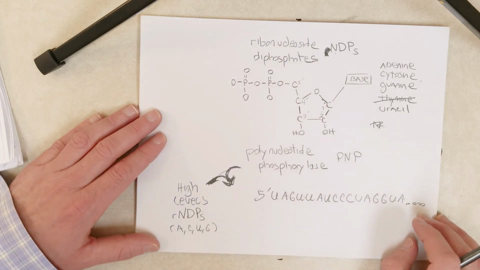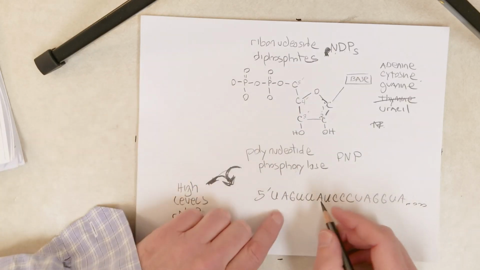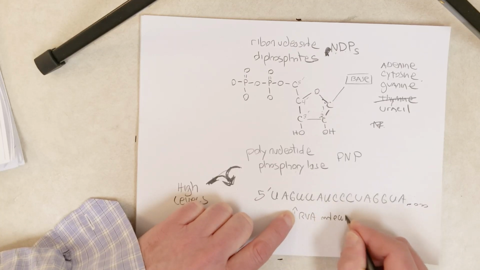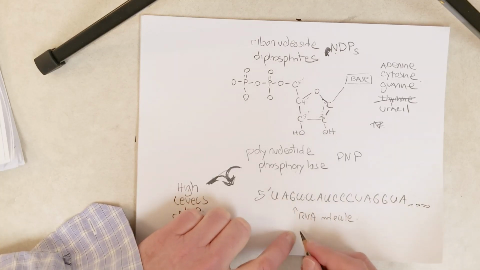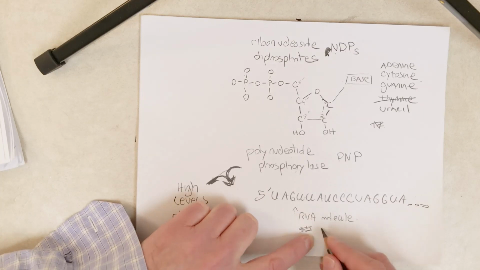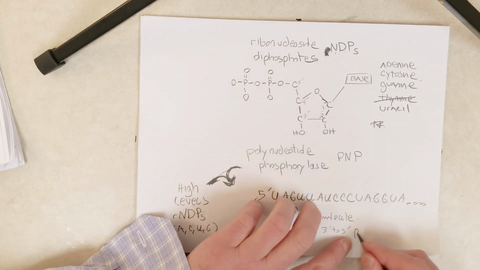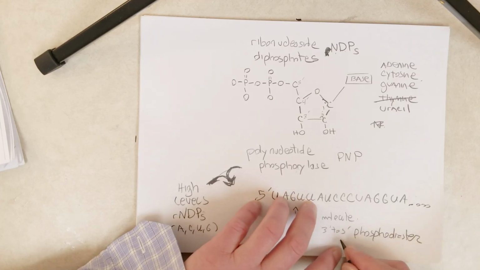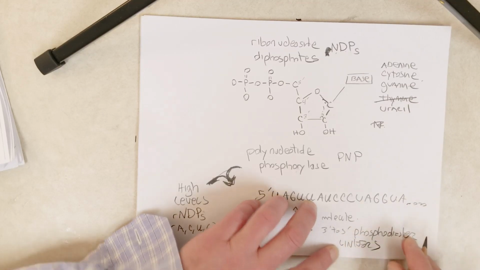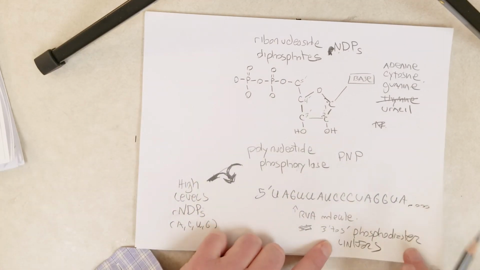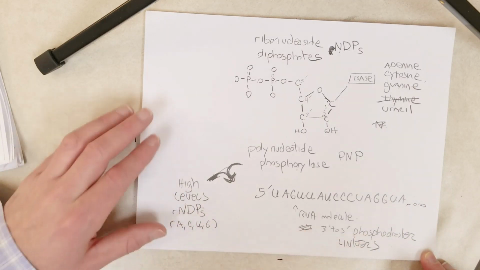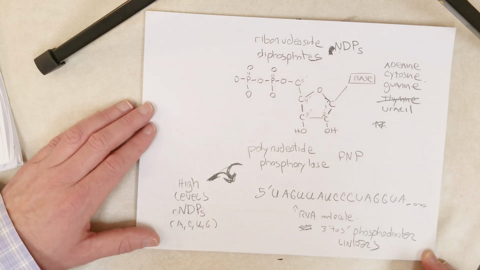So I think that's all I want to, oh, and another, okay, so this is just like an RNA molecule, and the bonds that are formed between each of these are 3' to 5' phosphodiester linkages, just like you would get in an RNA transcript made by RNA polymerase.